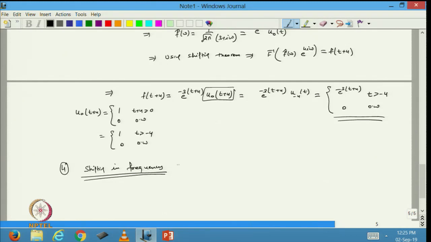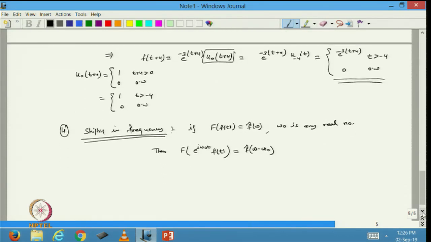In this case, if the Fourier transformation of f(t) is f hat omega, and we choose omega naught to be any real number, then if I take the Fourier transformation of the function multiplied by e^(i omega naught t), that is e^(i omega naught t) f(t), this will be equal to f hat of omega minus omega naught.